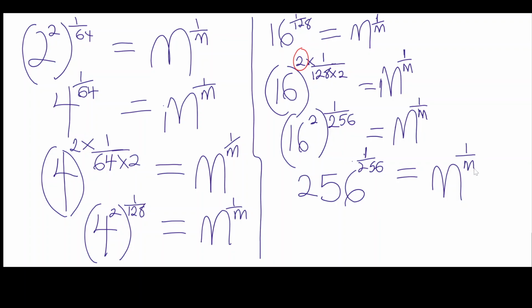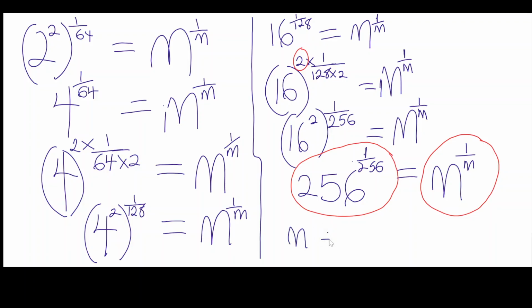As you can see, what I have on the left side of the equation is similar to what I have on the right side of the equation. So comparing the left side and the right side, I can easily deduce that m equals 256 because these are the two bases that we have.